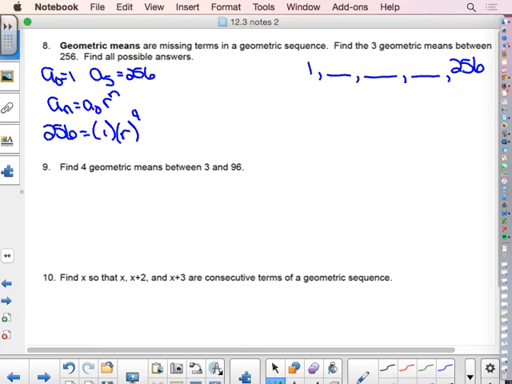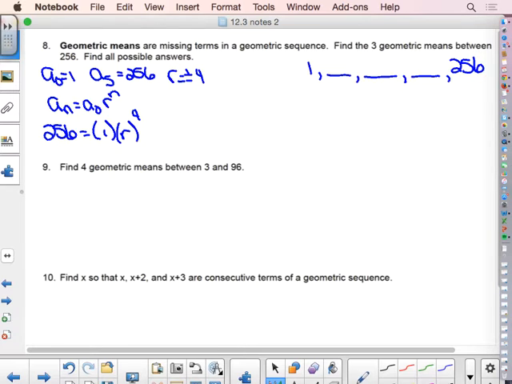So I can solve this. I have that r then becomes equal to plus or minus 4. So I can have 2 possible choices here.